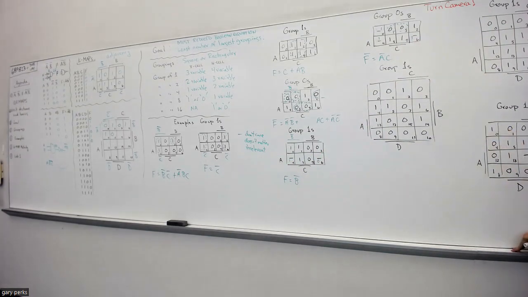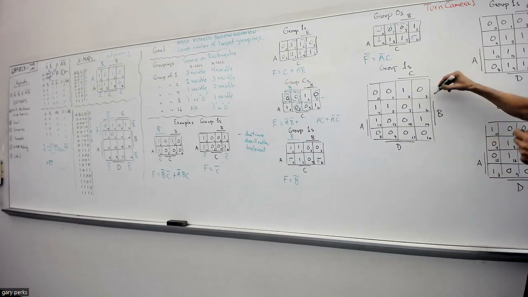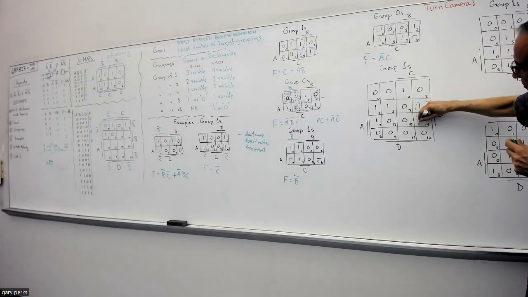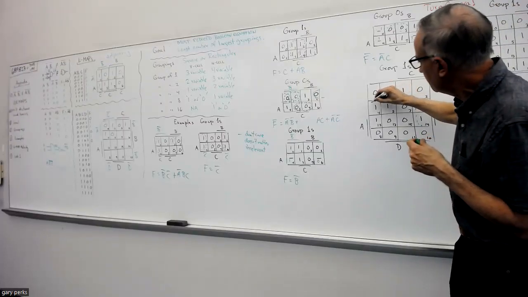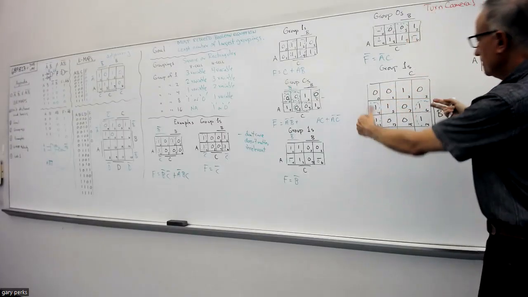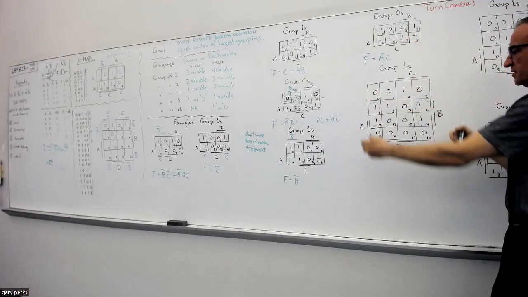Okay, so how would you group the ones here? Would you do 2 groupings of 2 like this? No, what would you do there? A 4, yeah, because the edges touch, I can do 1 big group of 4, right? 6 and 14 with 12 and 4. See, this is a 4 group.